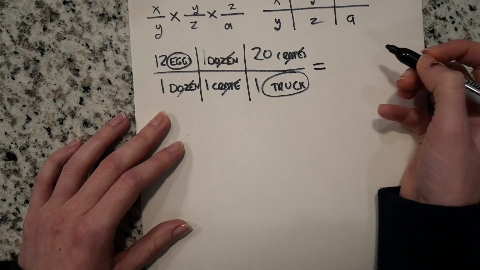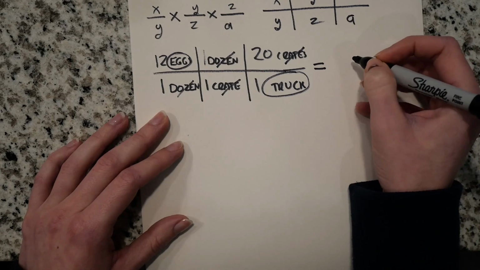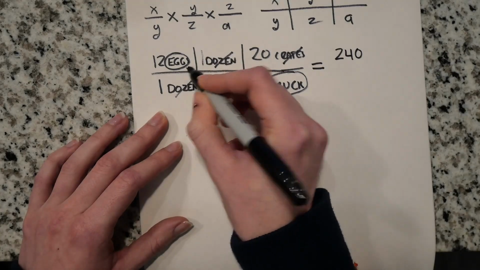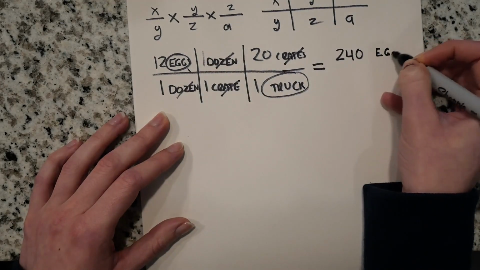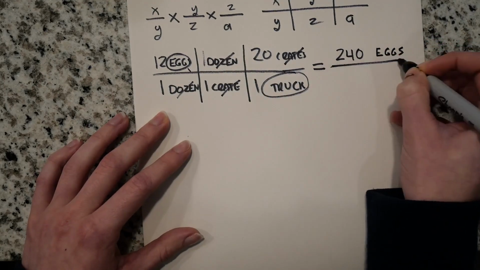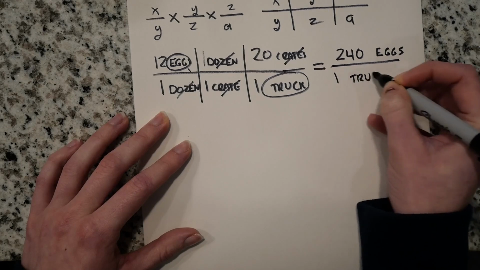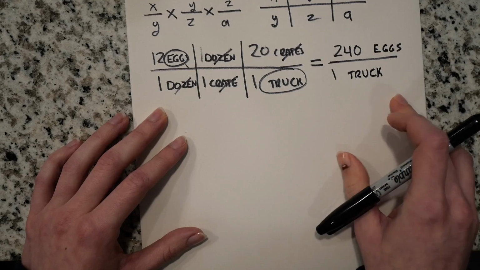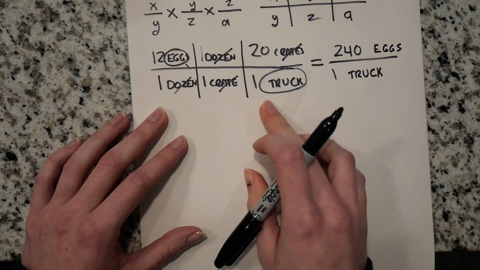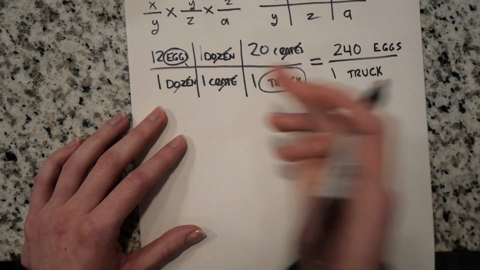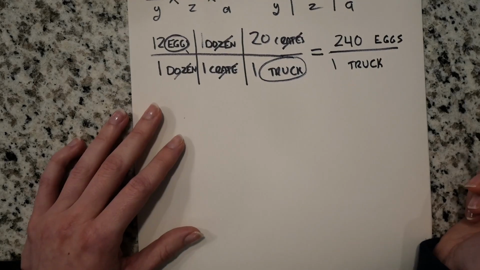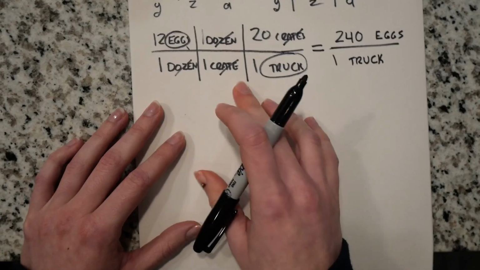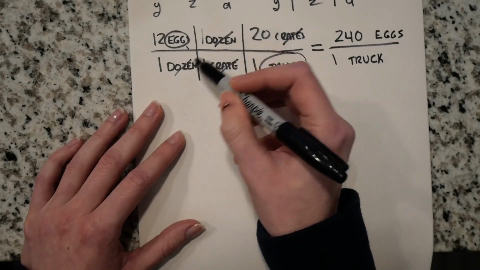So we've got 12 times 20, which is 240, I think. Eggs is on top, and then the bottom would be 1 truck. So this is your first conversion problem. This is 240 eggs per 1 truck if you were given all of these conversion factors and you already knew 12 eggs per dozen.